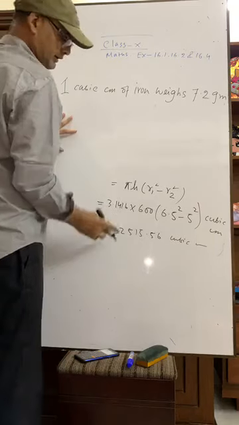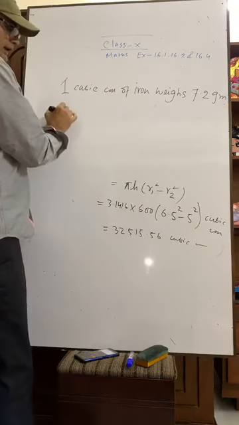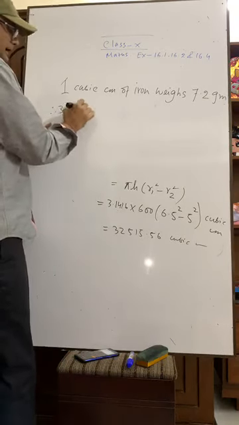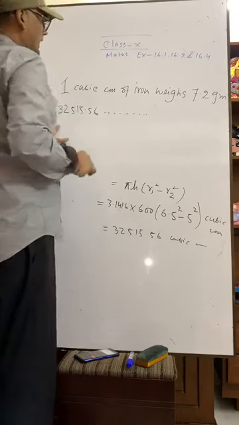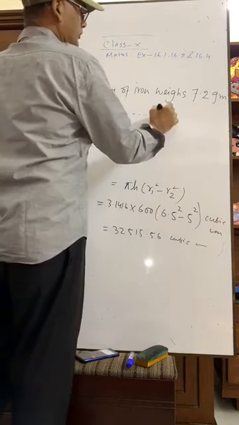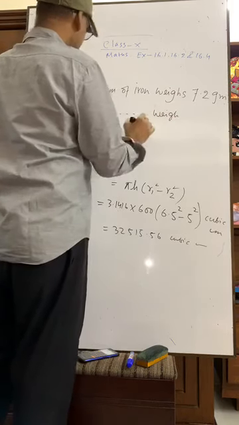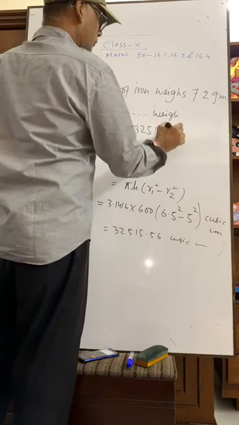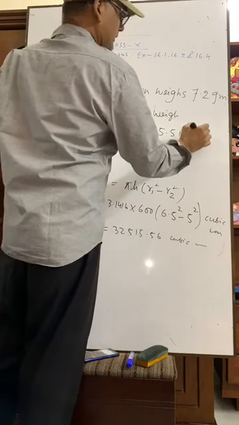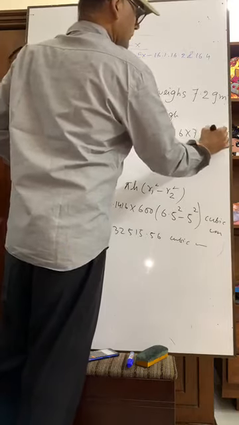Therefore, 32515.56 cubic centimeter of iron weigh 32515.56 into 7.2 gram.